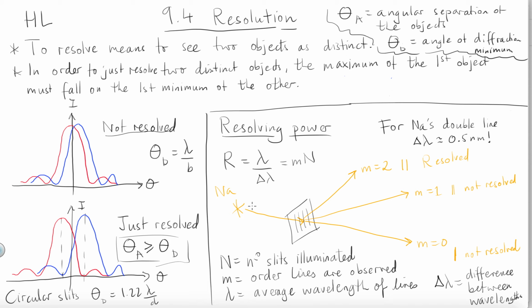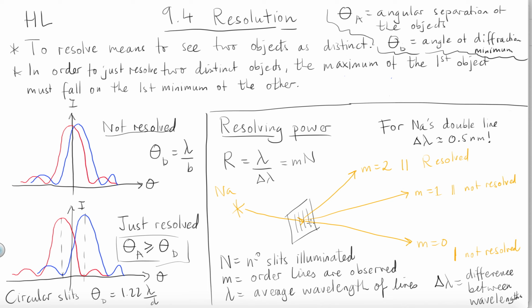Now, when we're observing gases which have emission spectra or absorption spectra which are very close together, we have to have what's called a high resolving power in order to see that very small difference in wavelength. And for the sodium's double line, the difference in the wavelength is 1/2 nanometer, which is very small. So what happens is the light from sodium comes to the diffraction grating.